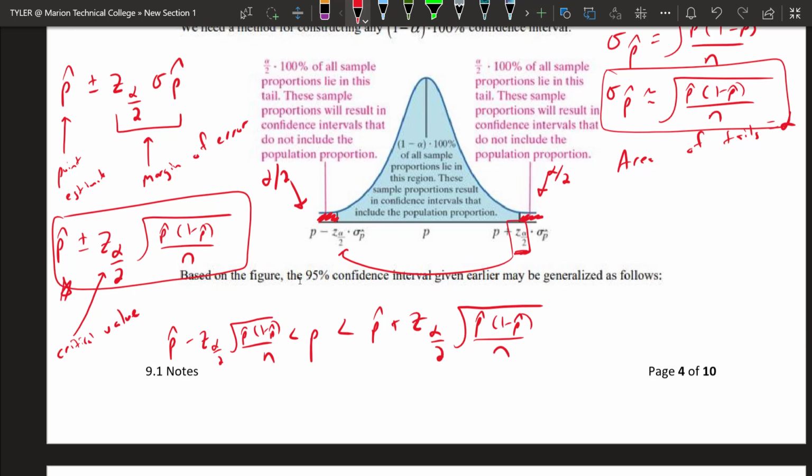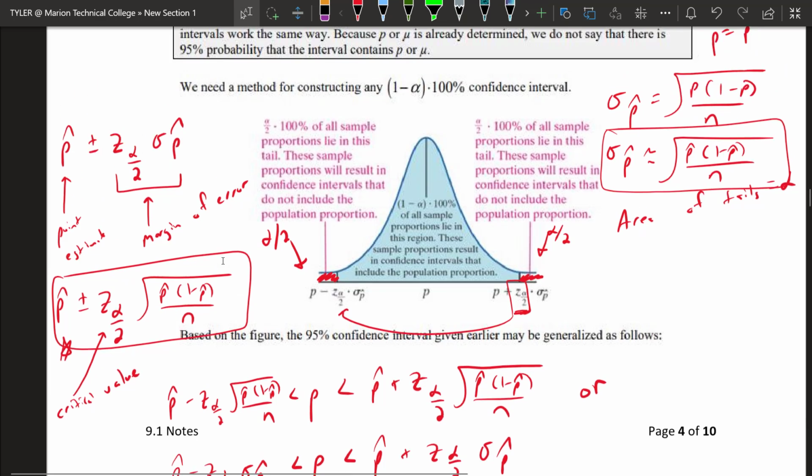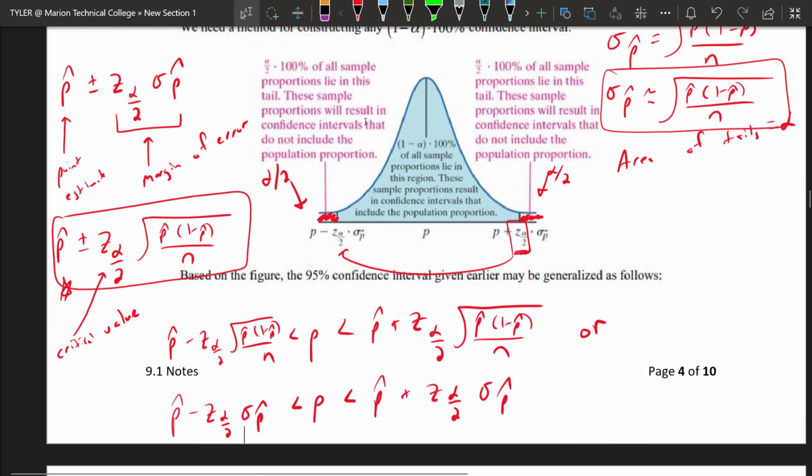So you could get this, this is a general confidence interval that we did earlier, or you could write it as p hat plus or minus z sub alpha divided by 2 times sigma p hat. So instead of filling in the equation for sigma p hat, you could just write sigma p hat. It just depends on what you're after. So these are all ways of looking at the confidence interval generalized.